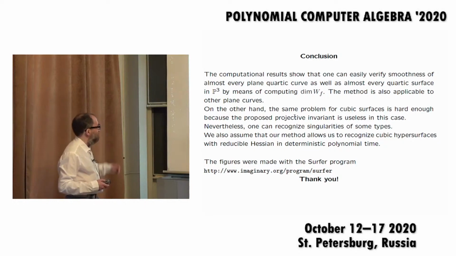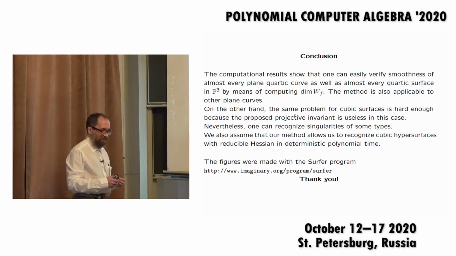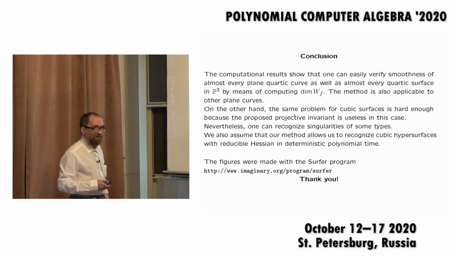On the other hand, the same problem for cubic surfaces is hard enough because the proposed projective invariant is useless to distinguish between smooth and singular cubic surfaces. But one can recognize singularities of some types. And we also compute our invariants and can recognize cubic hypersurfaces with reducible Hessian in deterministic polynomial time.